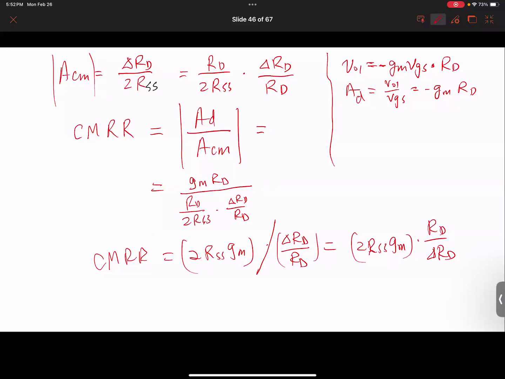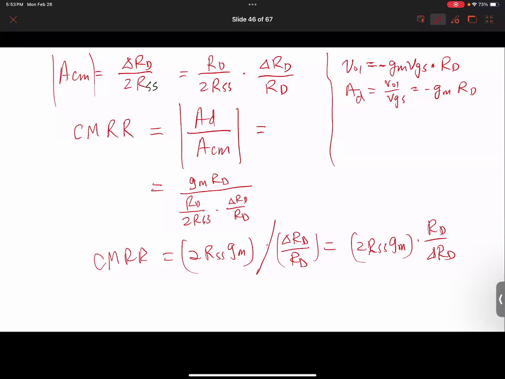If the common mode gain is 0, you get a common mode rejection ratio of infinity, which means for your circuit, whatever your common mode input is, your output does not reflect any. That's what it means.